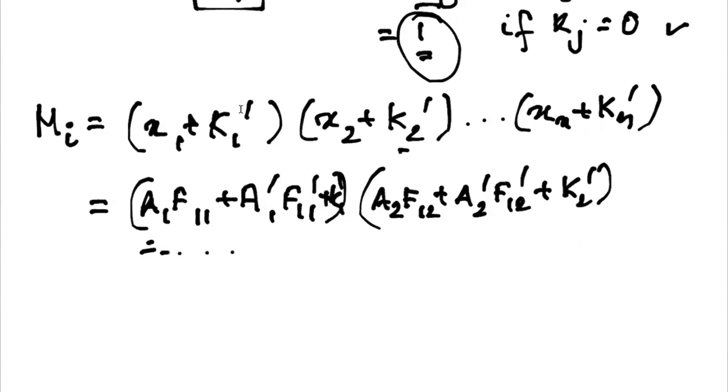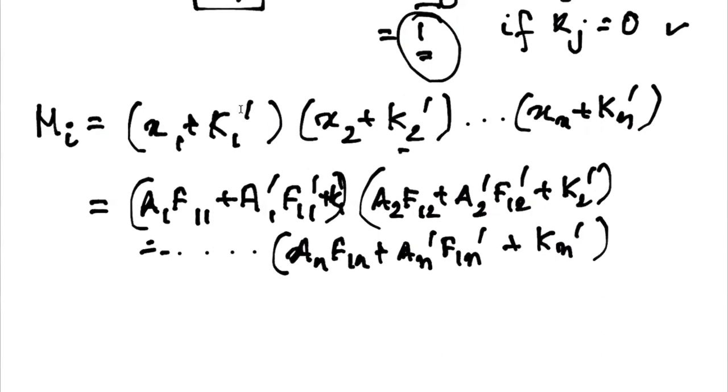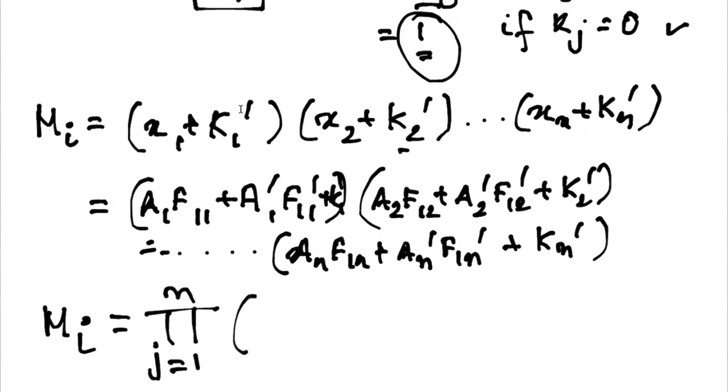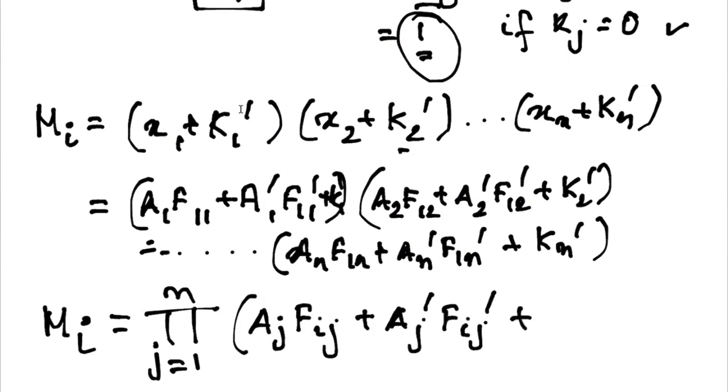It goes on like this for the last one, that is Fn plus Fn dash, plus Kn dash. So this, again in short form, we can write like this: Mi is equal to the product over all j going from 1 to n of Aj Fij, or Aj dash Fij dash, plus Kj dash.